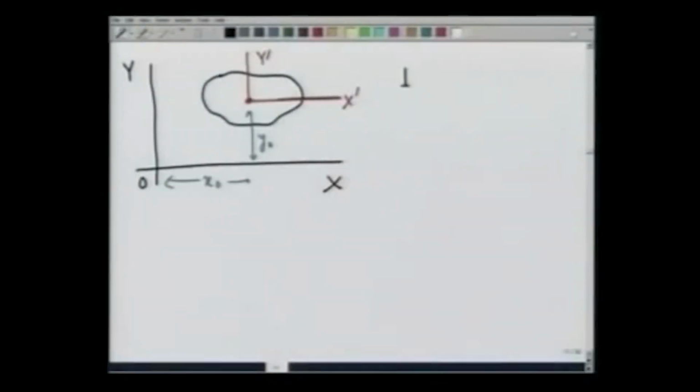Thus, Ixx is equal to integral y square dA.